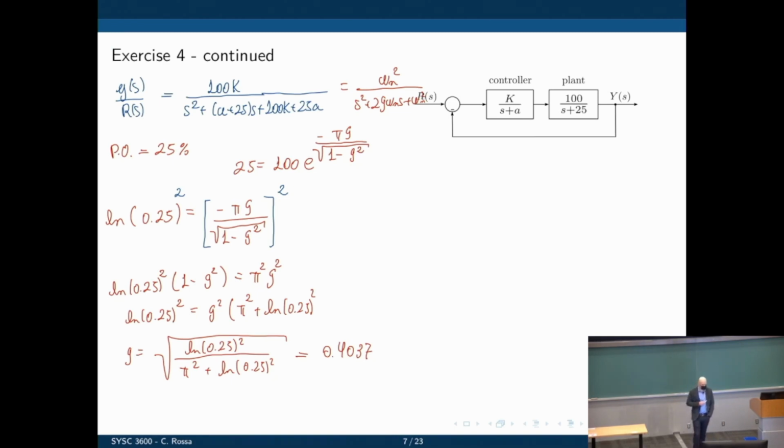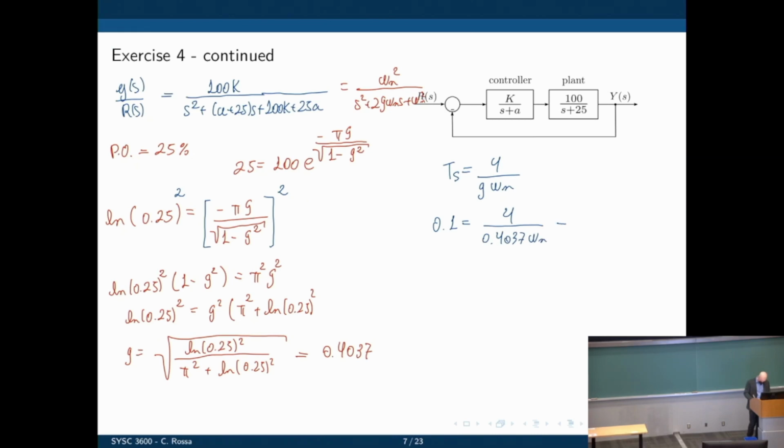The other requirement we have is that we want a settling time of 0.1. And you know that the settling time is 4 divided by zeta omega n, or the magnitude of the real part of the pole. And with this, we can find our required omega n. So Ts is 0.1, and you have 4 divided by zeta, 0.4037, omega n.